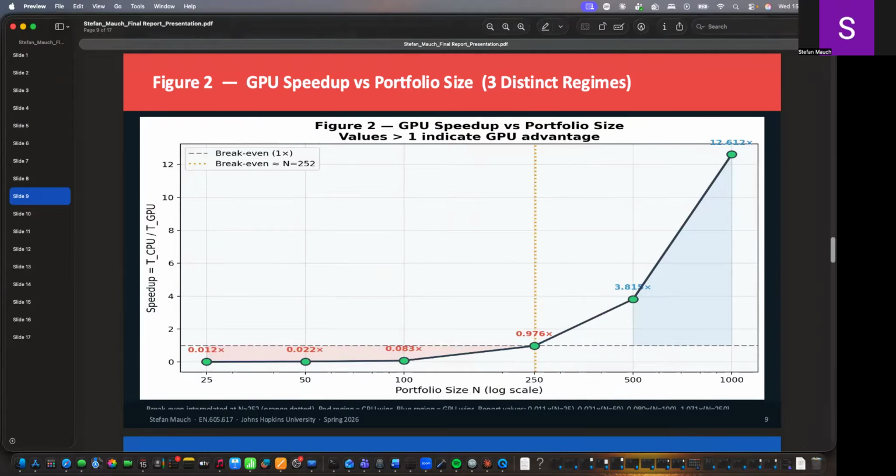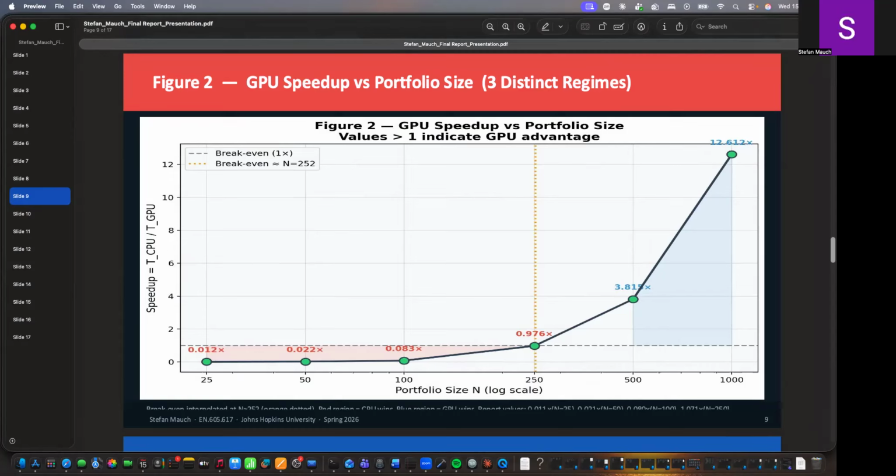So I think the speed up curve makes it easier to see. So you see only one line, and we divide CPU time divided by GPU time, and everything above 1 means the GPU wins, and everything below the CPU wins. And this is what I explained before.